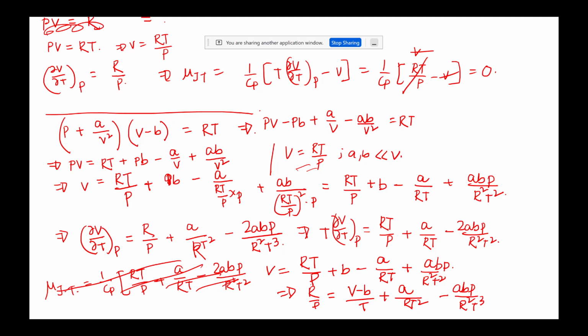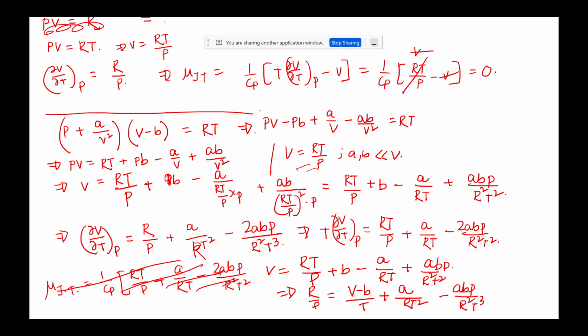So why is this important? How is this done? Everything will be on this side, so B minus B, there will be A by RT, minus ABP by R square T square, and if you divide by T, there will be V minus B by T, A by RT square, minus ABP by R square T cube.